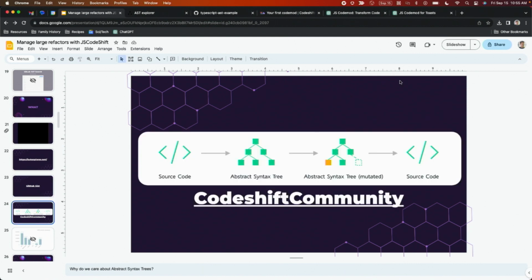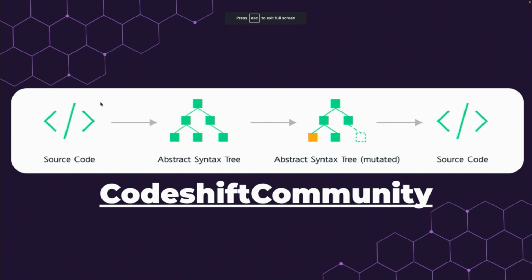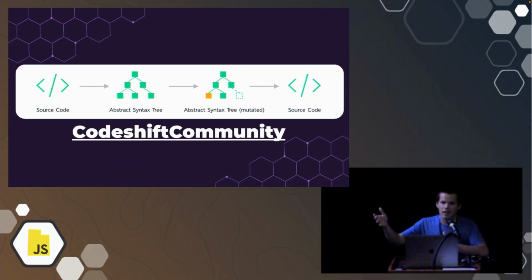All right. If it seems like I'm going fast, it's because the coolest part is at the end. So how do abstract syntax trees fit into our process of making a codemod? If we can take source code and make a tree representation of it, then I can programmatically change that tree a lot easier than I could with the source code using regular expressions in some sort of crazy find and replace.